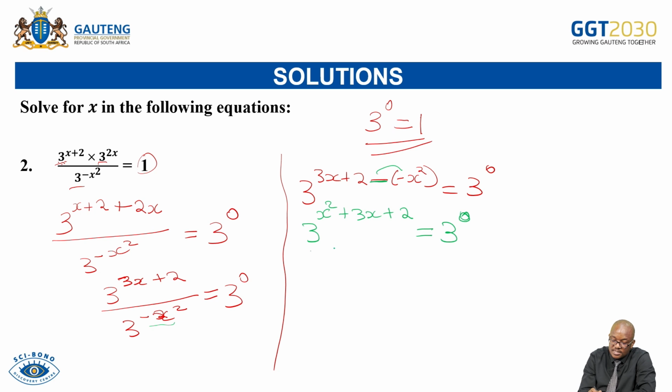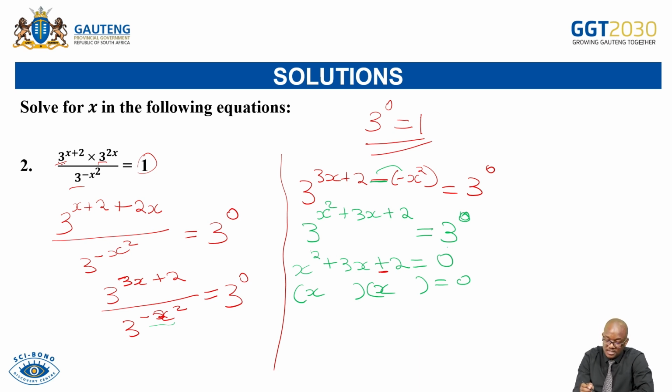Then we can see that the bases are the same. We equate the exponents. We're going to have x squared plus 3x plus 2 is equal to 0. Then we can start factorizing there. We know that we have x and x. In terms of the decision of signs, the last sign is positive and the middle sign is also positive.